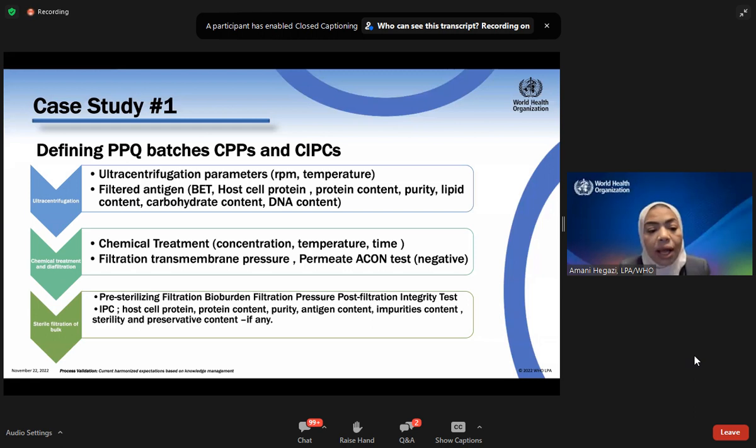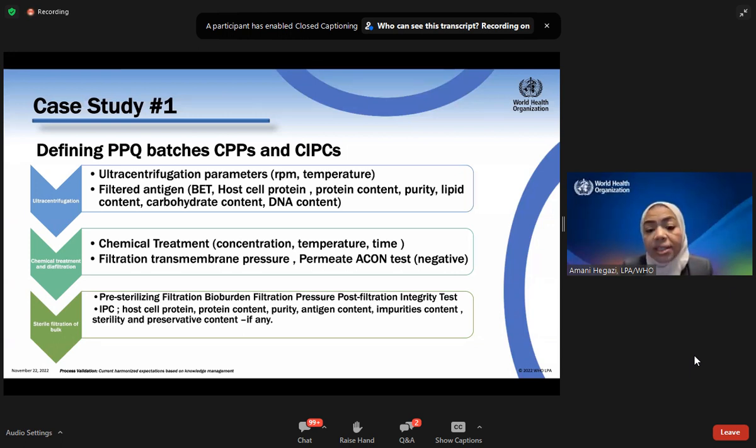After complete purification of the bulk, now it comes to the sterile filtration of the bulk. In the sterile filtration, there is the pre-sterilization filtration bioburden, as we should ensure the bioburden level before implementing the sterile filtration.